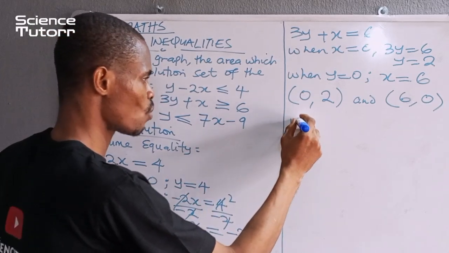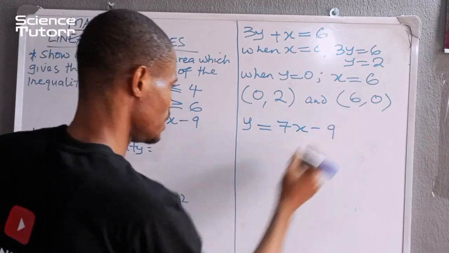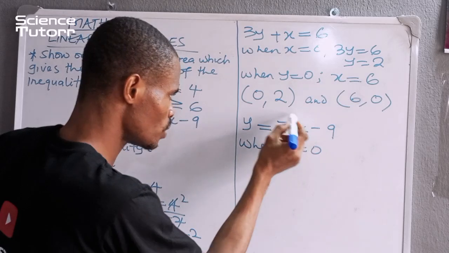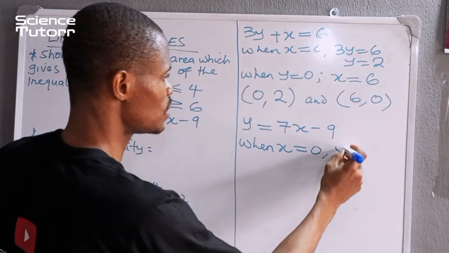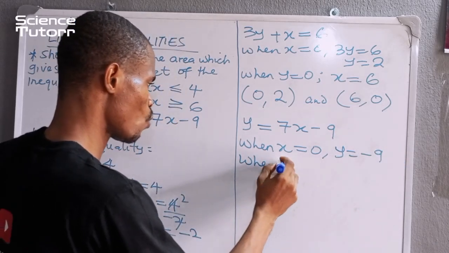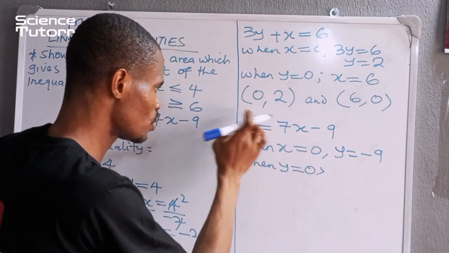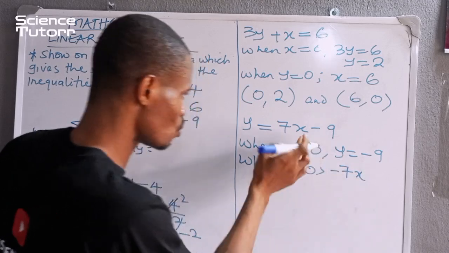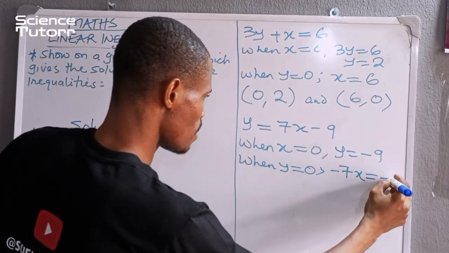Now we pick the third inequality and assume equality. So we have y equal to 7x minus 9. When x equals 0, this parameter becomes 0, that makes y equal to minus 9. The same case holds when y equals 0. It means I'm going to be getting minus 7x, when 7x crosses over to this side, is equal to minus 9.